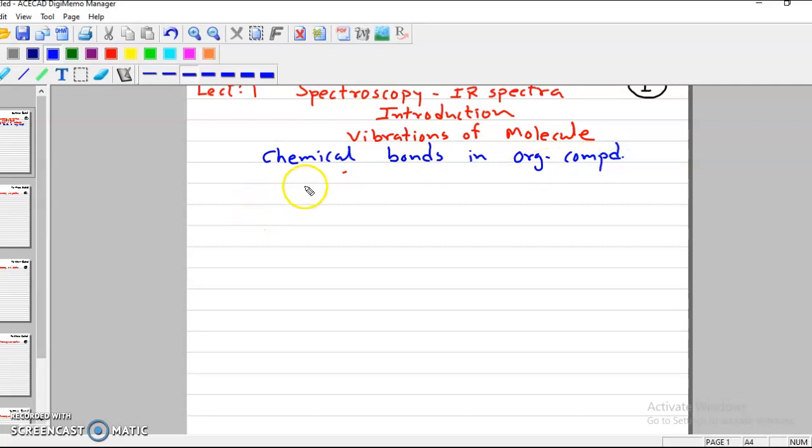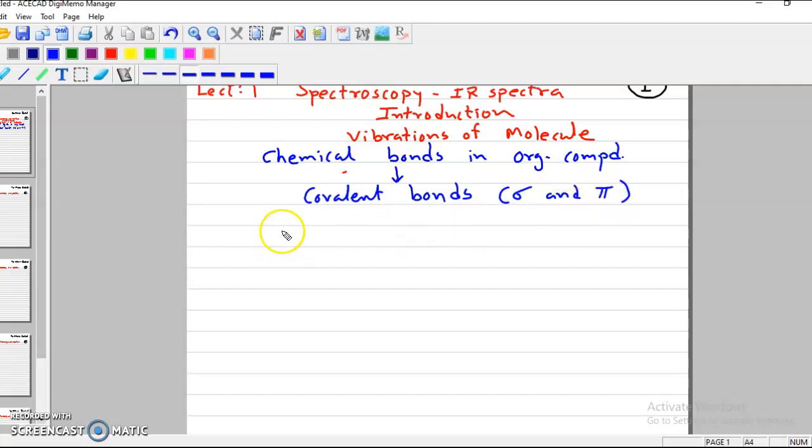That is why we have to see which types of chemical bonds are present in organic compounds. And we know that the chemical bonds present in organic compounds are covalent bonds. There are mainly two types of covalent bonds, sigma bond and pi bond.